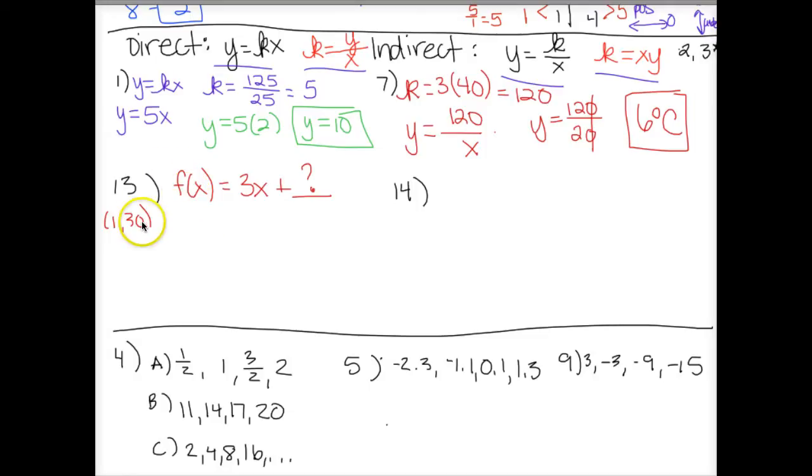So f of x is the same as y, so 30 equals 3 times 1 plus what I don't know. So this is 30, this is 3, subtract the 3 on both sides. I now know that this needs to be a 27 in order to work right in the equation. So f of x equals 3x plus 27. That's how I came up with that function.